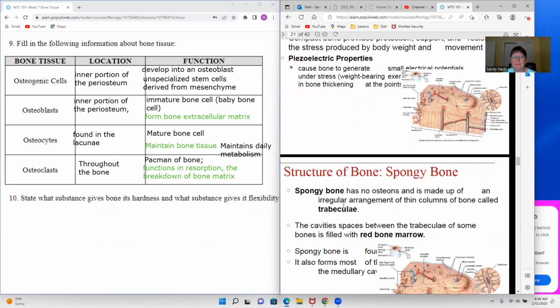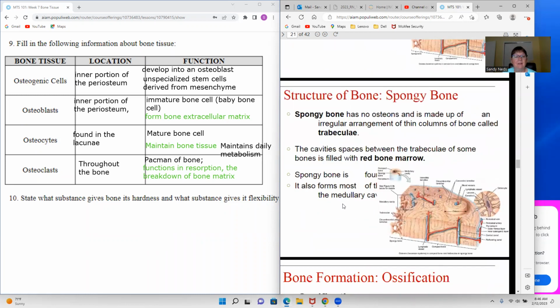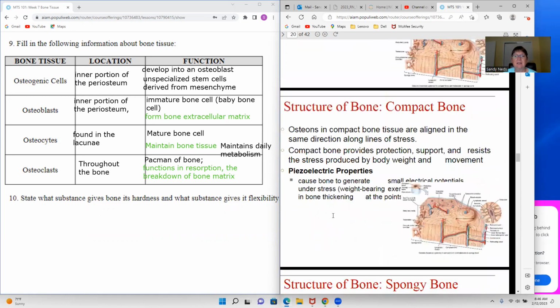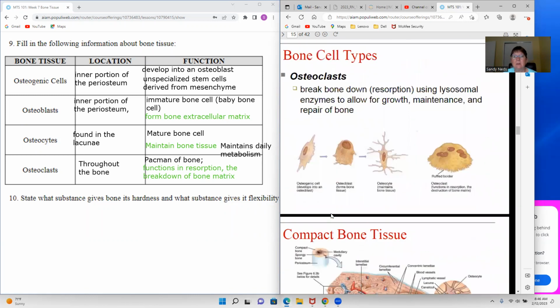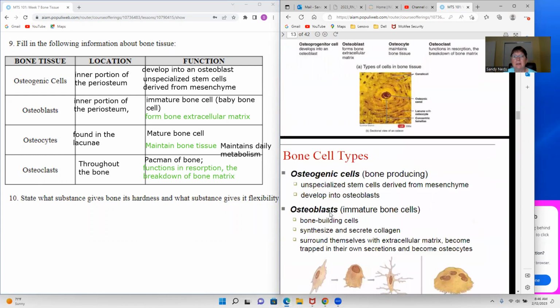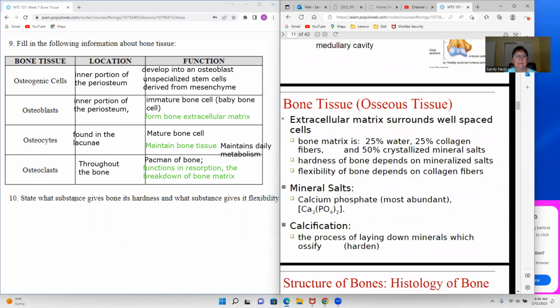So what substances give the hardness and what substances give the flexibility? Let's go back to this slide. Let's go to the text. We'll do this slide and then we'll take a break.